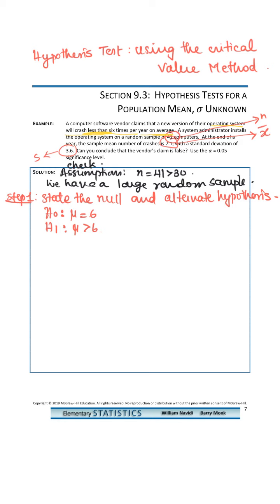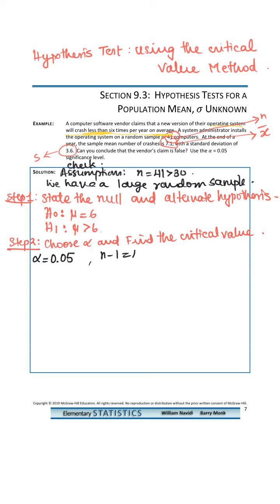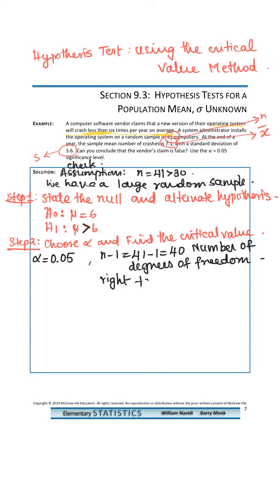Step 2, choose the significance level alpha and find the critical value. Alpha is 0.05. The number of degrees of freedom is n minus 1, so 41 minus 1 equal 40. That's the number of degrees of freedom. This is a right tail test because mu greater than, so this is right tailed.